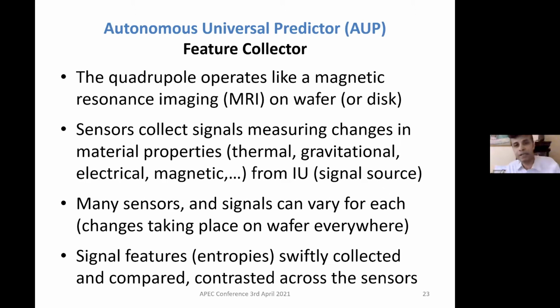So it says here, many sensors and signals can vary for each, which means we're talking about changes that can take place on the wafer, everywhere. We're talking about a wafer, but it could be a disk, okay? You can imagine that the disk is representing the X-Y axis and that the sensors are on the Z-axis.